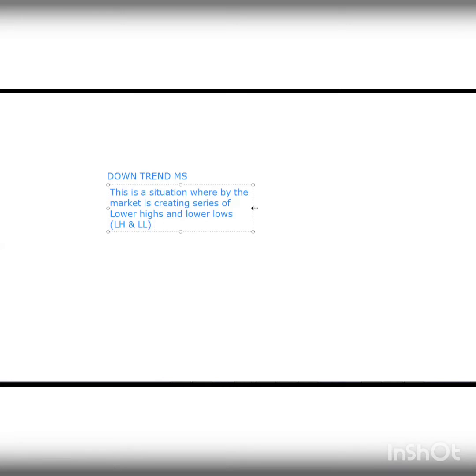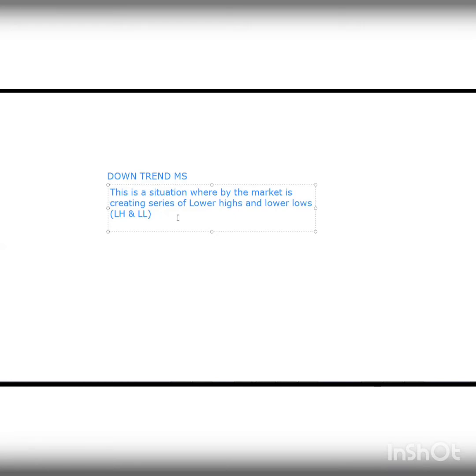Okay, so guys, this is directly the opposite of the uptrend. The downtrend is a situation whereby the market is creating a series of lower highs and lower lows. If you want to know whether a market is on a bearish trend, a downtrend, selling, how do I know?